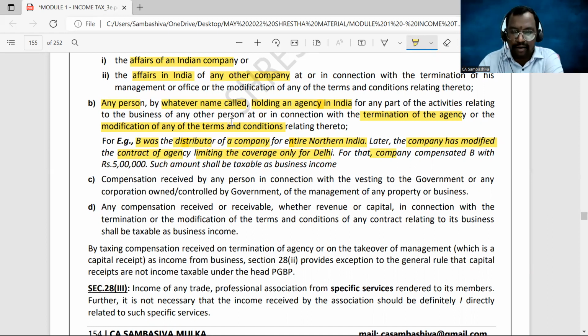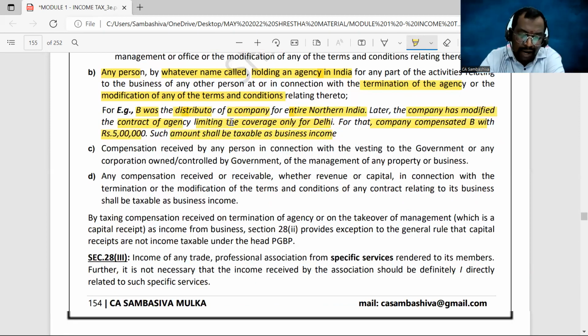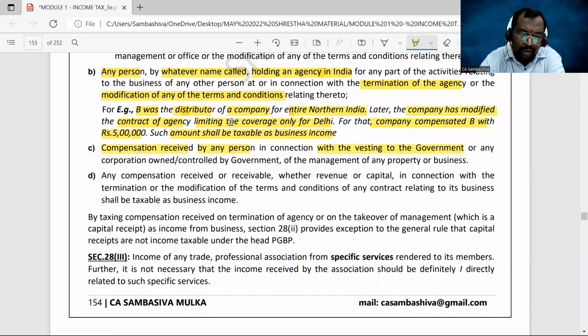Next, compensation received by any person in connection with vesting to the government or any corporation owned and controlled by the government of the management of any property or business. Suppose that I am doing a particular business, sir, right? Sir, I have a petrol bunk, right? So let us assume that I have 10 petrol bunks in that particular area.